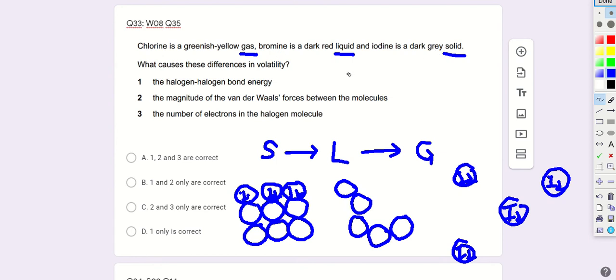Okay, so what causes these differences in volatility? I just told you, right? It is because of the intermolecular forces. Now, chlorine molecule, bromine molecule, and iodine molecules, they are all non-polar, because there's no difference in electronegativities for two atoms of the same type, right?